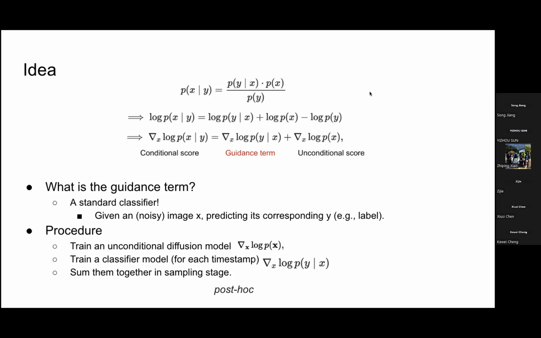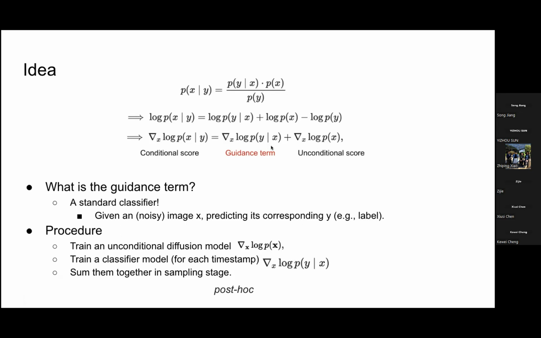Okay. So basically, that is the procedure of this one. We train the unconditional diffusion model, and at the same time we train the classifier. This is during training. And when we do the sampling stage in the denoising diffusion model, we just sum them up in the sampling stage.